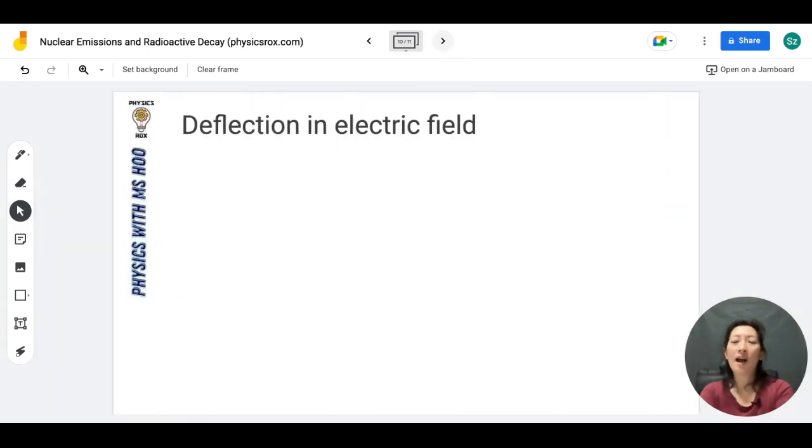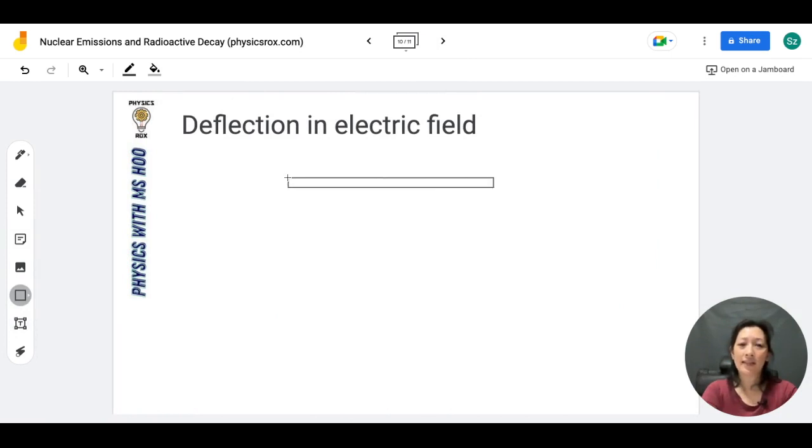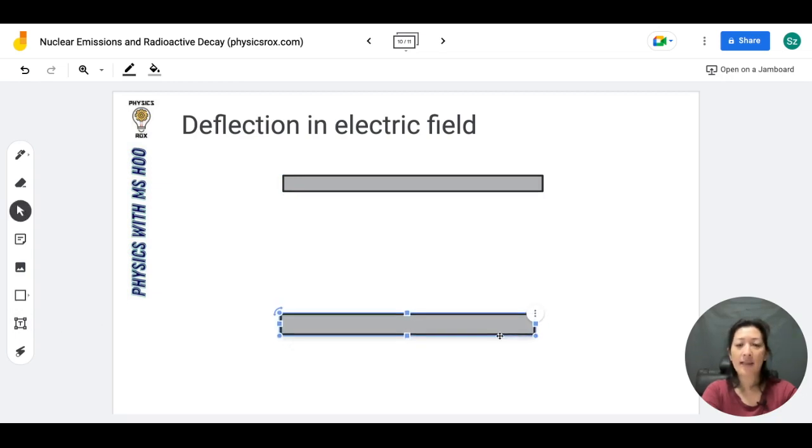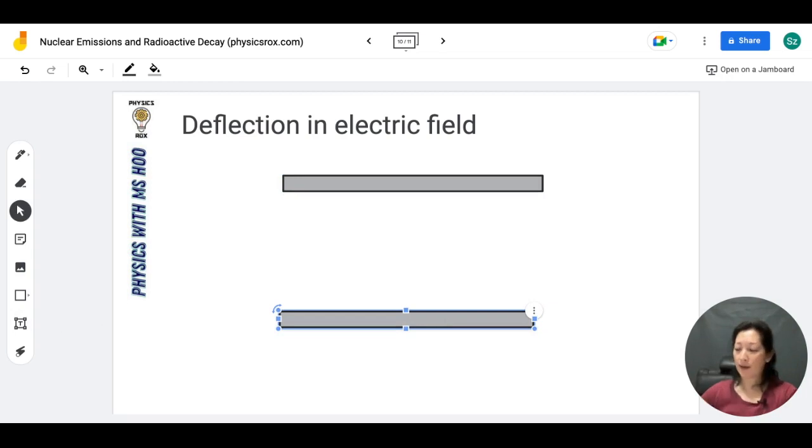Now let's look at how they deflect in electric fields. In this case, let's say we take two plates, which we place at a distance from one another, and these plates are connected to a high voltage power supply. If you're thinking, but if they're not connected, how is the circuit complete? If you use high voltage, we're talking about a few thousand volts.